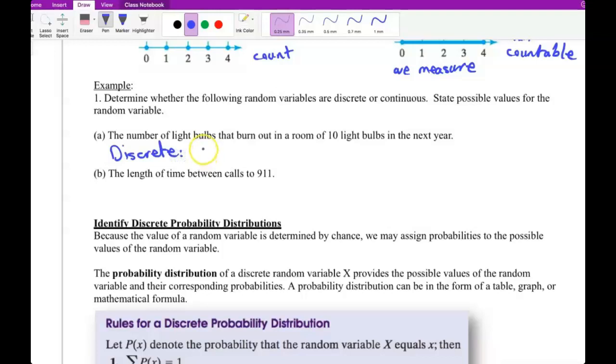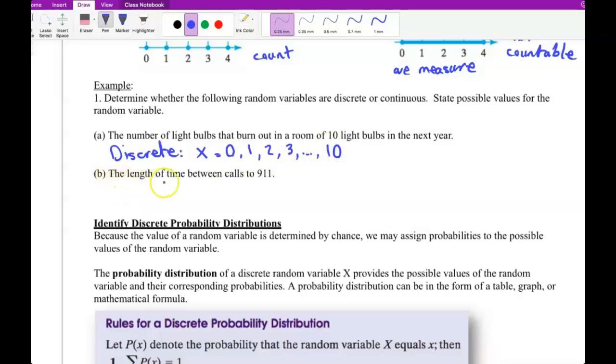I want to use X, and X can have 0 light bulbs, 1, 2, 3 up to 10 light bulbs.